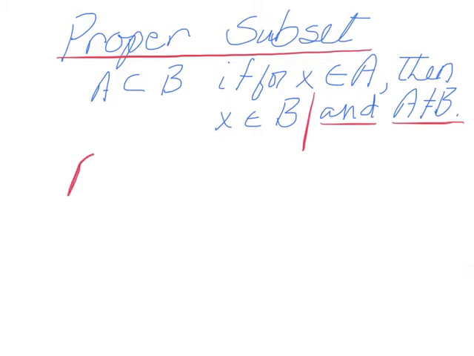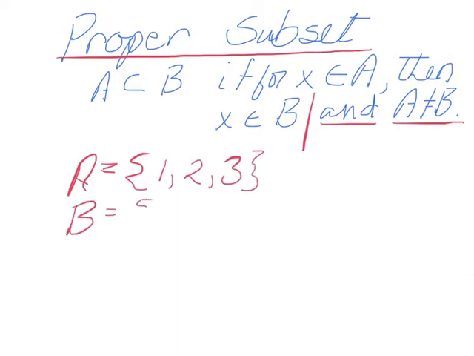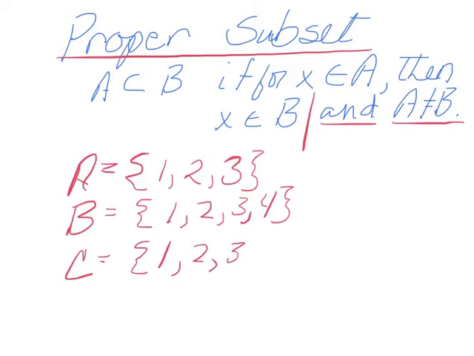Suppose we have a set A, which is equal to 1, 2, 3, and we have a set B, which is equal to the set 1, 2, 3, 4, and a set C, which is equal to the set 1, 2, 3, 4.